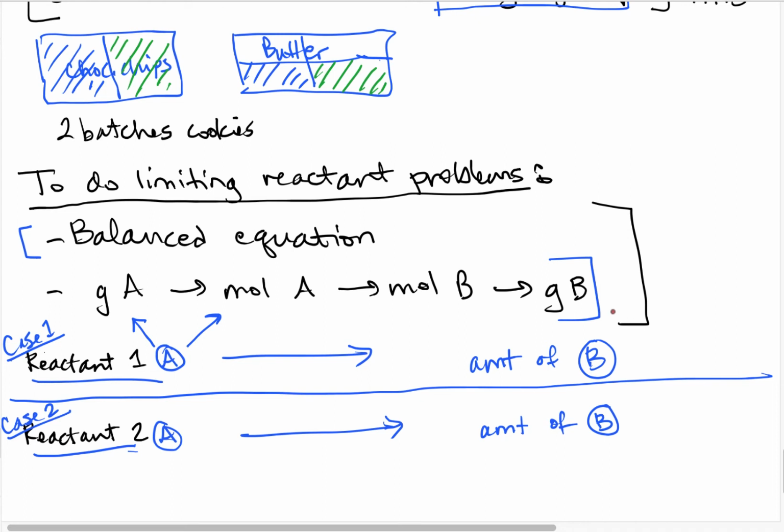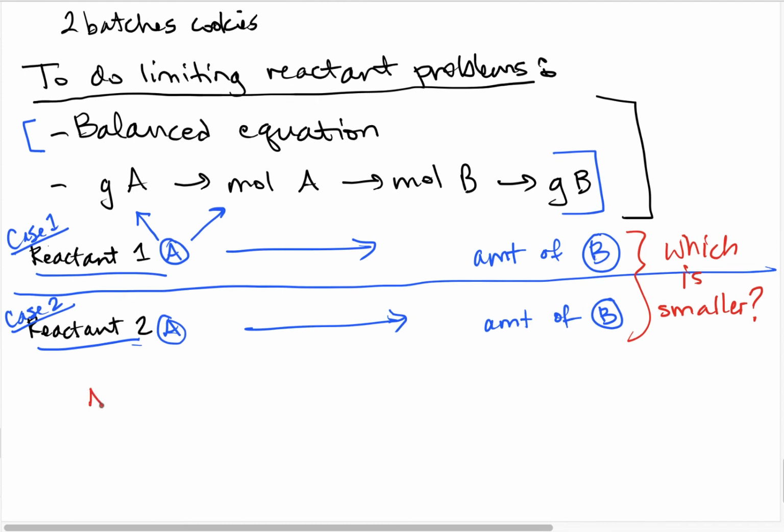Then we see which is smaller. The smaller number is our answer.